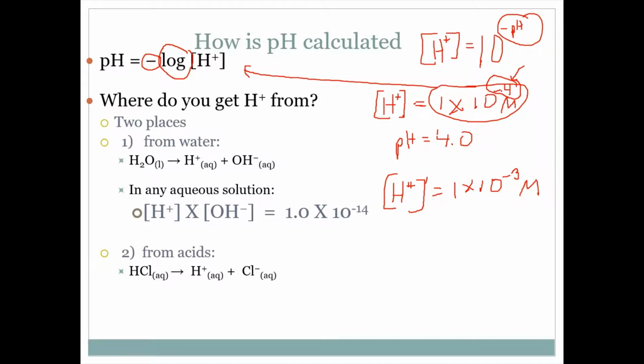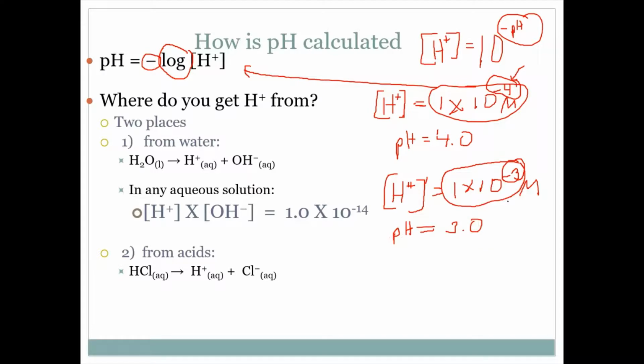Because this one is less negative, so it's bigger. If I just take my calculator and there's a button that says log, you put this number in and take log, or sometimes you have to put log in and get this number. If you plug that in, you're going to get that your log is negative 3. So therefore, your pH is going to be equal to 3.0.